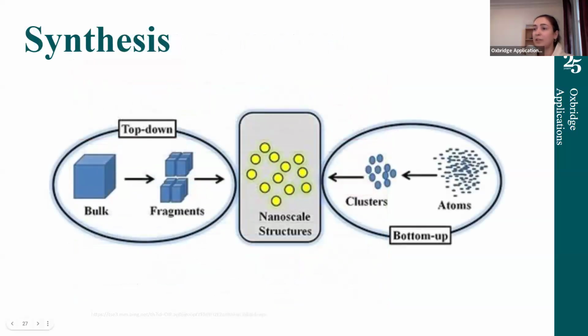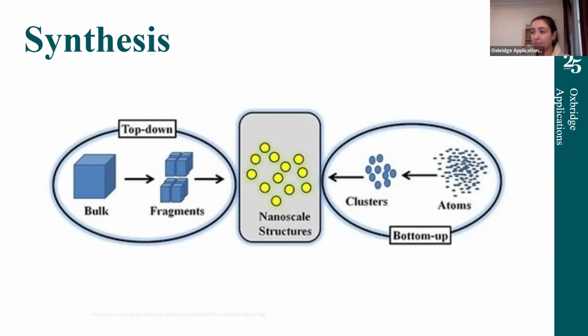And before we move on, we can just briefly mention the synthesis of nanomaterials and how do we actually engineer them and create them. So synthesis methods, essentially, we can break them down into two main types. So we've got the top-down approach or the bottom-up approach. So the top-down approach is where you start with a bulk material and essentially just break it down and deconstruct that bulk larger structure into nanoscale entities.